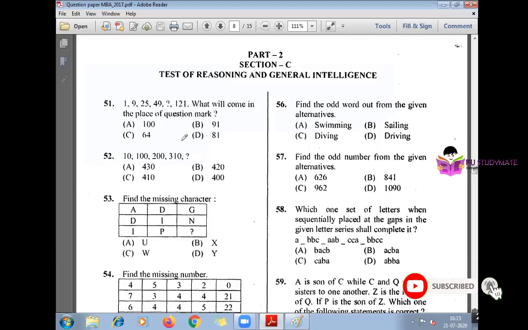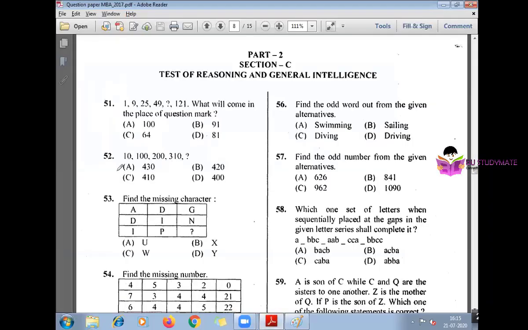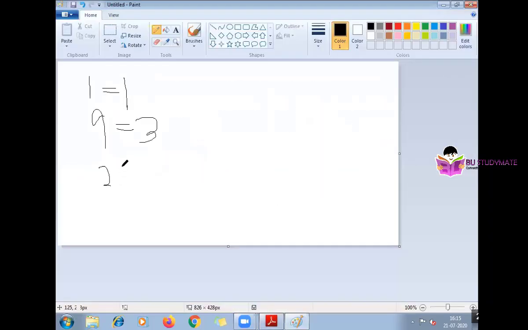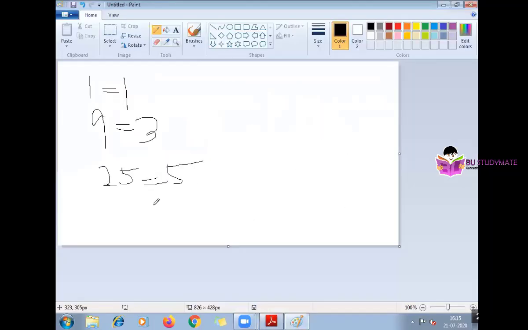So when we look at that, 1 is the square of 1. 9 is the square of 3. Okay, so 25, it's the square of 5. Then 49, it's the square of 7. Okay, just write square if you want. And then they have left the column blank.